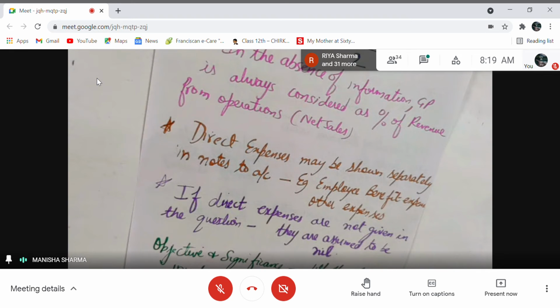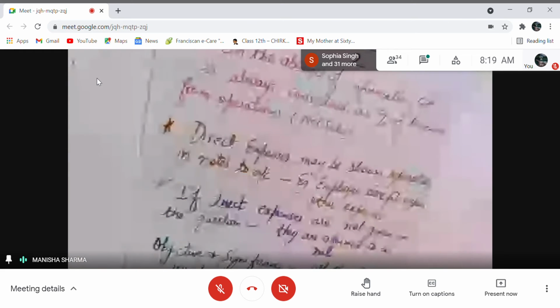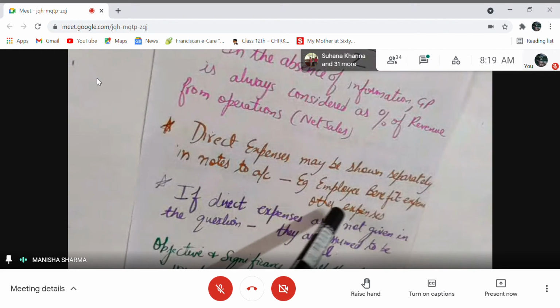Now, there's a main head, employee benefit expense, under which wages are given, or under other expenses, manufacturing expenses and carriage inward are given. If such items are given, they would be given in notes to accounts.